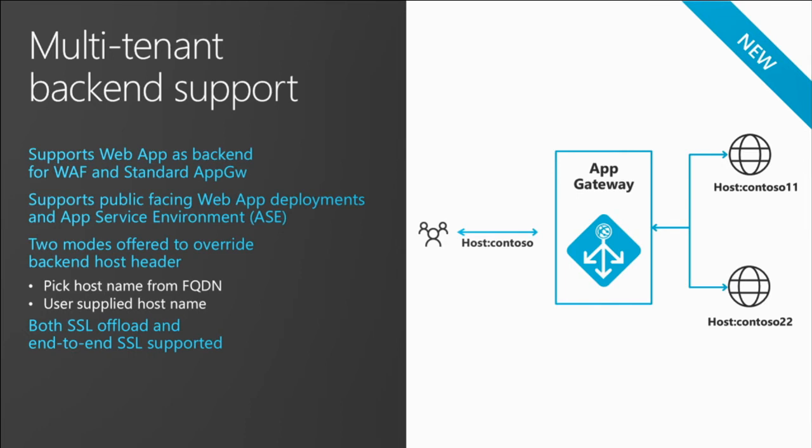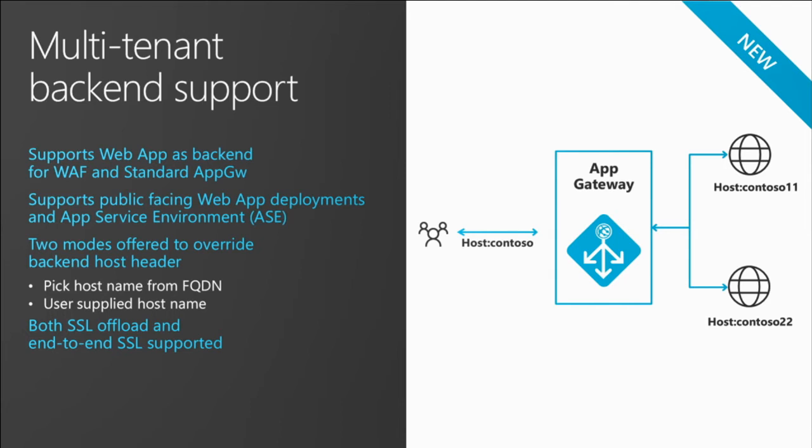So now you can have one pool, two websites. For example, contoso11.azurewebsites.net and contoso22.azurewebsites.net. And if you set the second choice, pick the host header from FQDN, then when traffic comes to, let's say, contoso.com, it can be redirected to contoso11 and contoso22 at the same time.